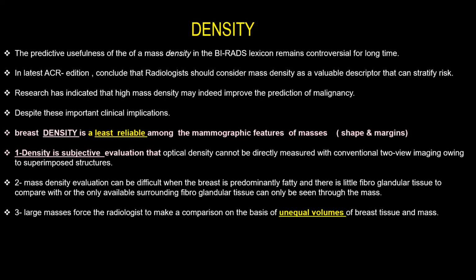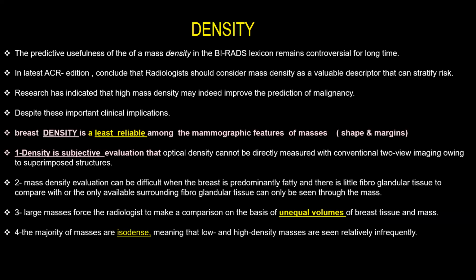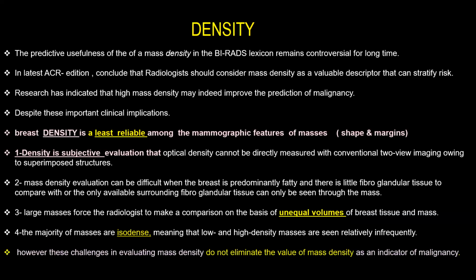And large masses might also force comparison on the basis of unequal volume of breast tissue and masses, as we mentioned before. And the majority of masses, they said, are isodense. Few are low or high density.